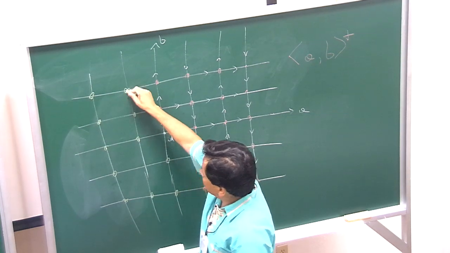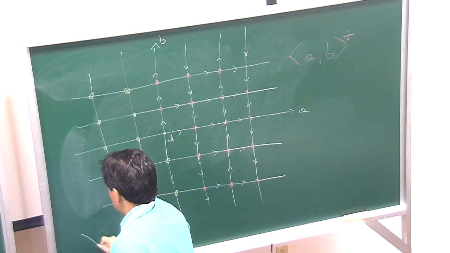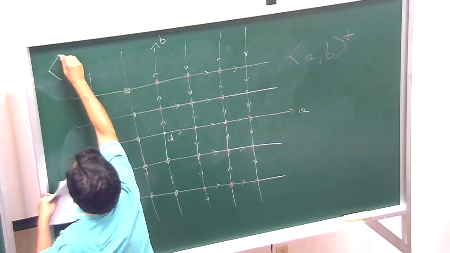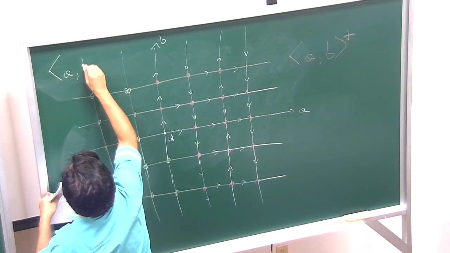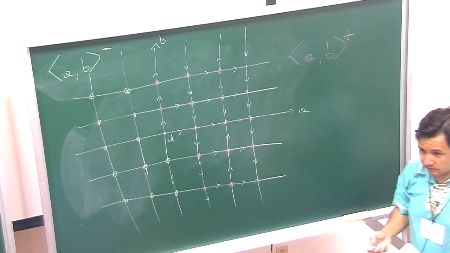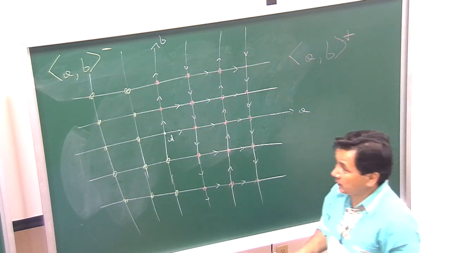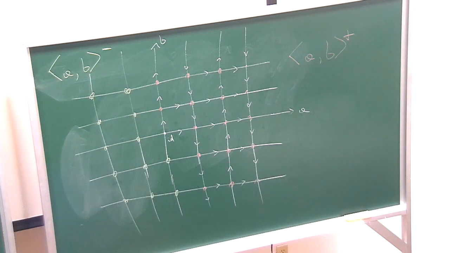So here, this is the semigroup A B inverse. So the semigroup of the inverses of the other one. Okay? So this picture corresponds to this decomposition.